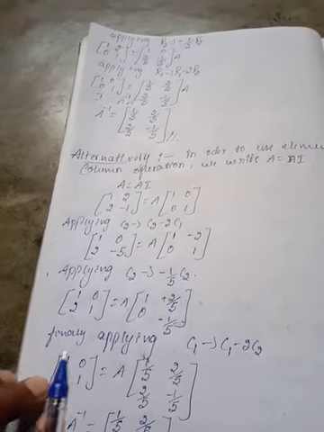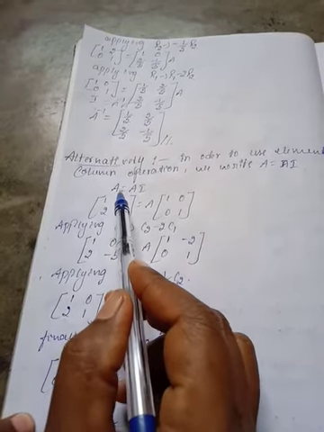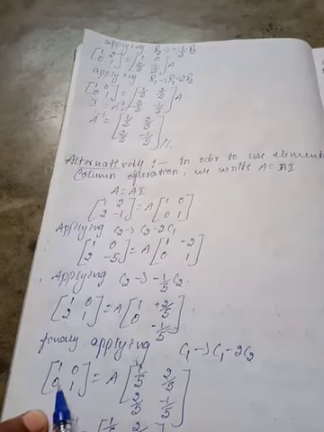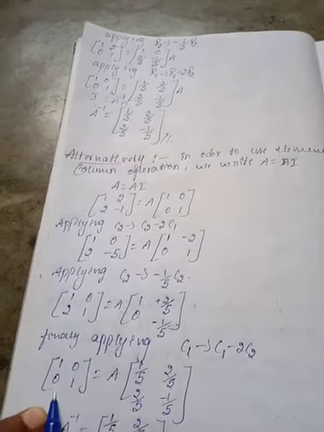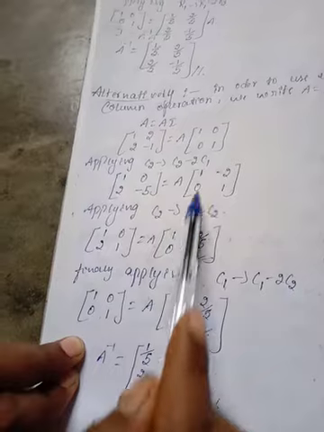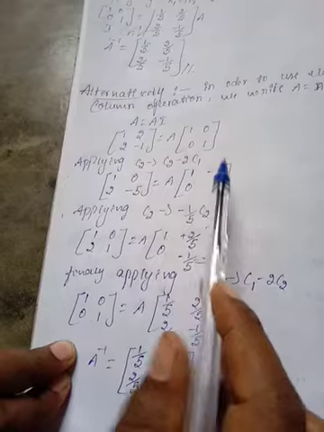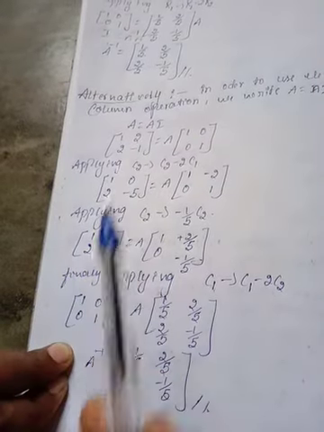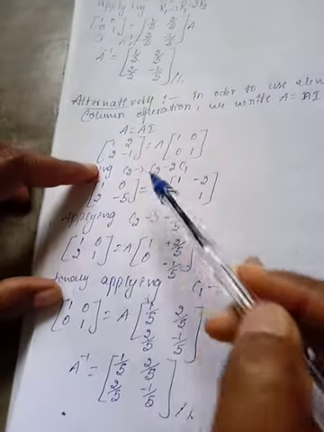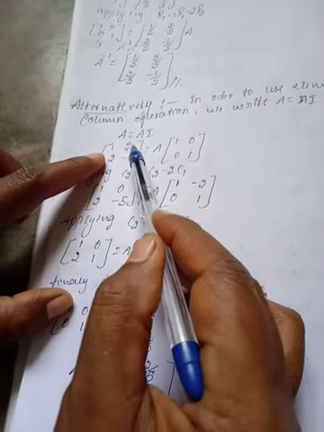Here we operate on the columns until the A matrix on the LHS is converted into the identity matrix. If you consider the A matrix, it is converted into the identity matrix 1, 0, 0, 1. Already we have 1 here. Here we need to change this 2 to 0.